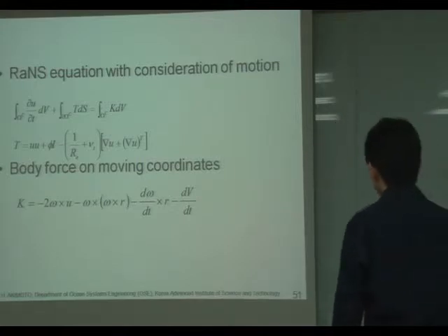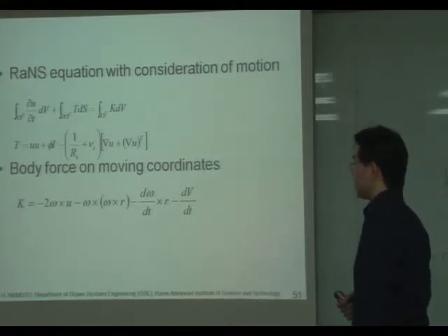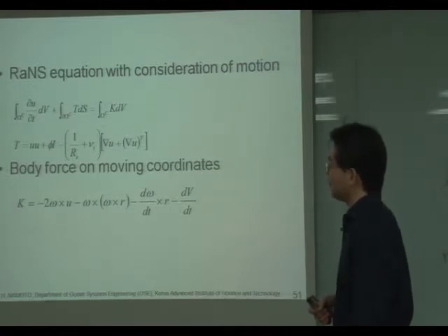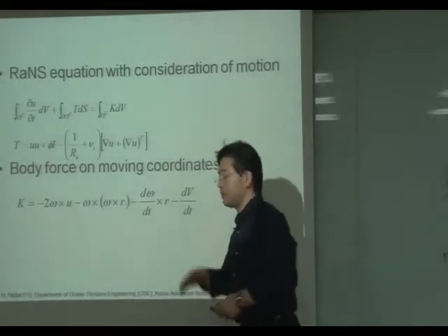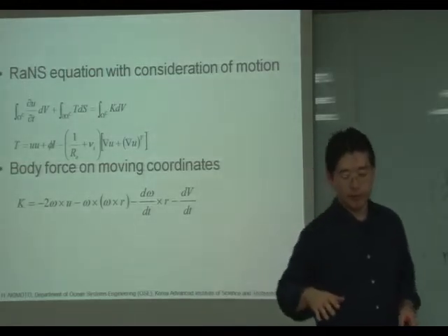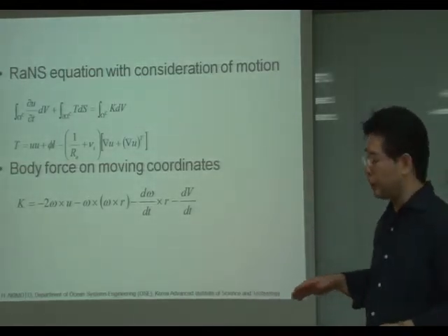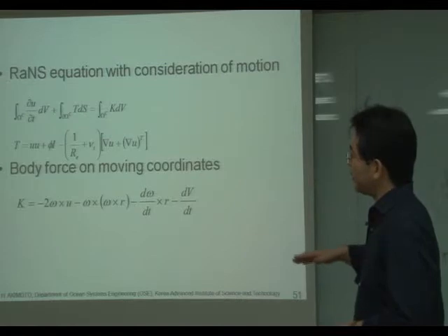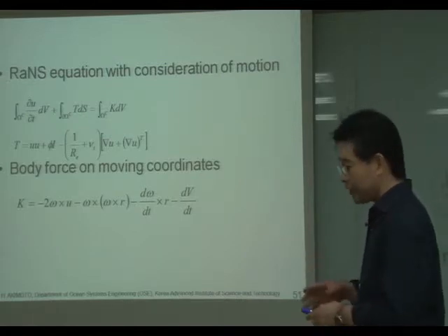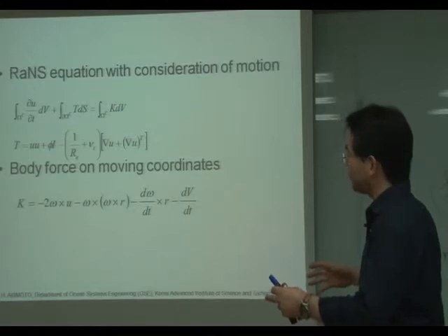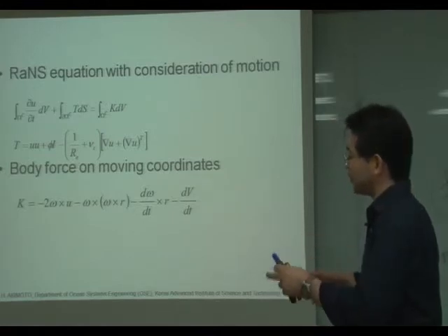Although our target is not an airplane, sometimes we have to consider the same equation, because in general, ship is moving in 6 degrees of freedom. If it is tanker model, the pitching is not significant.